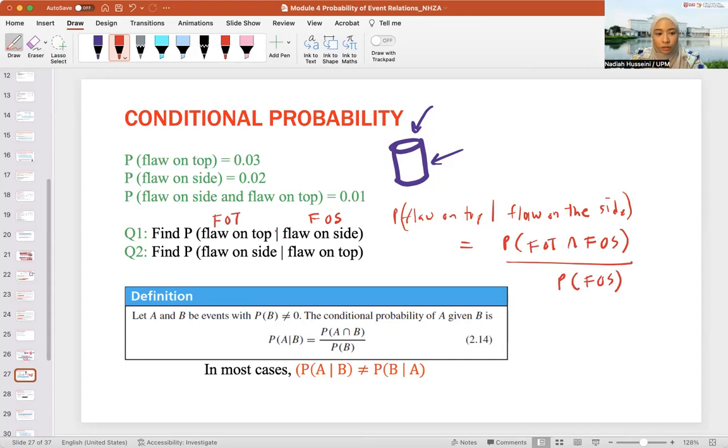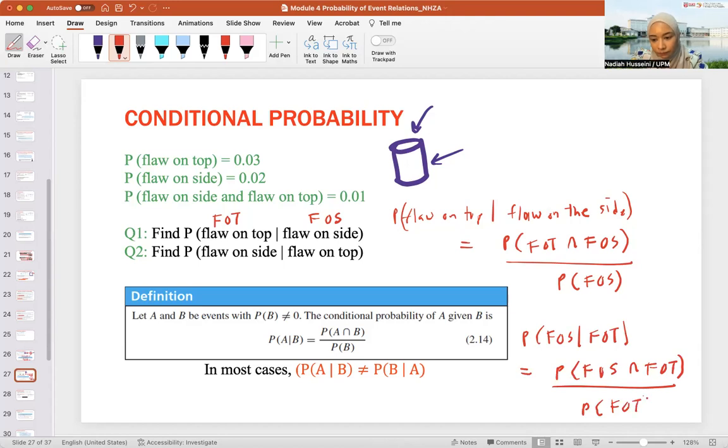So this is question number 1. Question number 2, flaw on side, which is FOS, given FOT, the flaw on the top, is going to be equal to FOS intersect with FOT over probability of FOT.